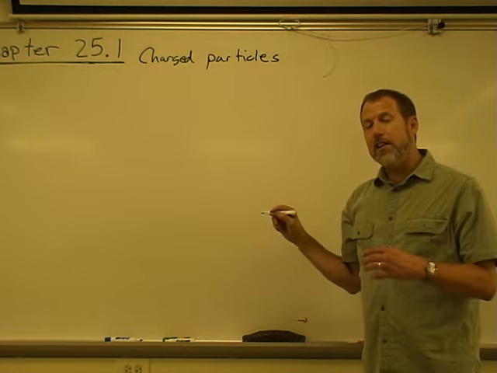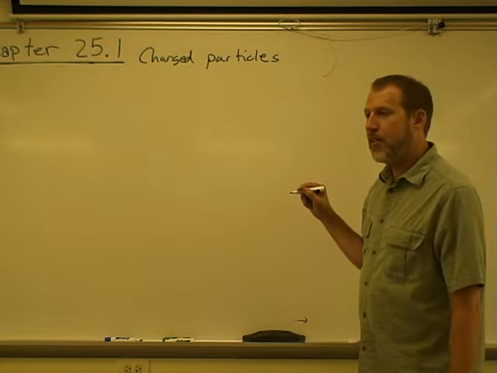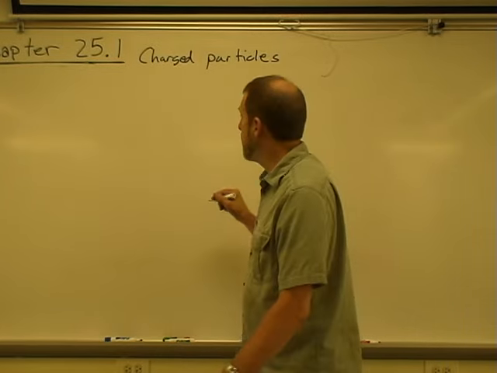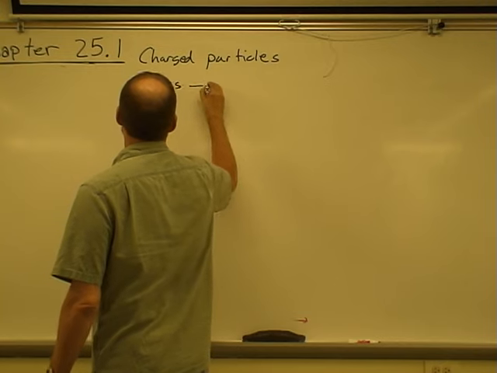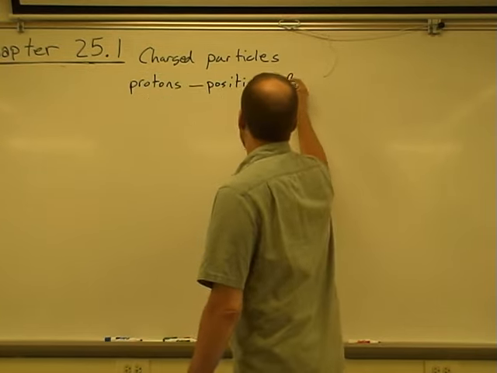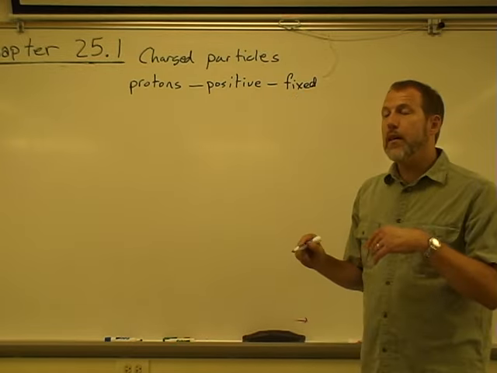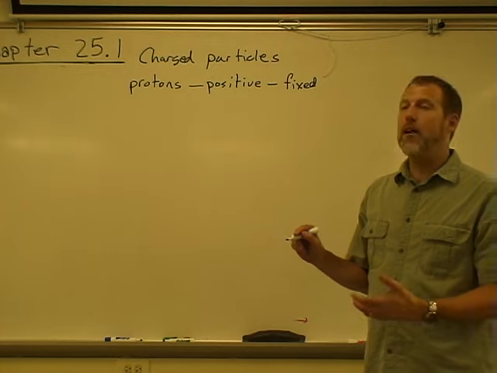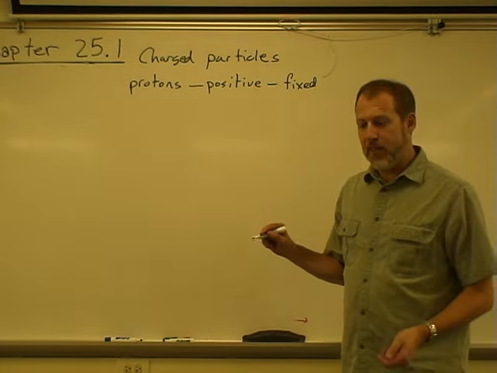electric charge is on its tiniest level, contained with some of the basic building blocks of, at least, the material universe. Protons that have a positive charge are fixed in place. They're relatively massive compared to electrons, more than 1,800 times more massive, so they're fixed in place inside material.